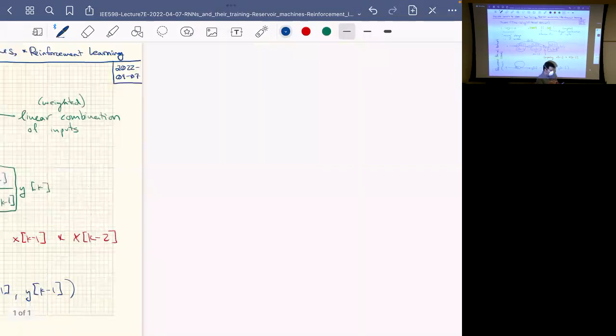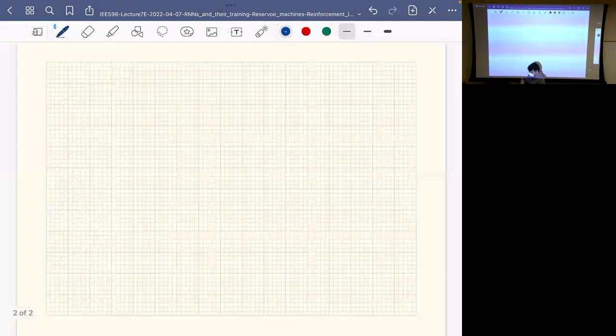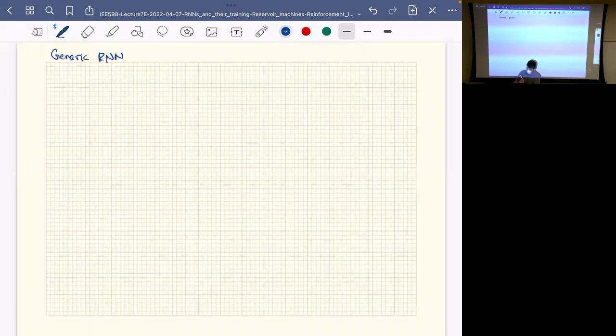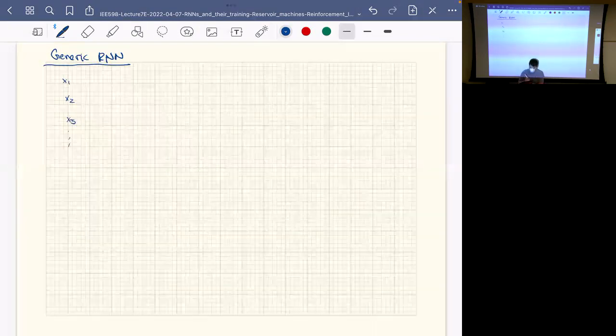So I could draw a generic RNN topology, and the generic RNN is a mess. It's a rat's nest where you'd have all your inputs, fine, my input layer, great. But then those end up going into that first layer.